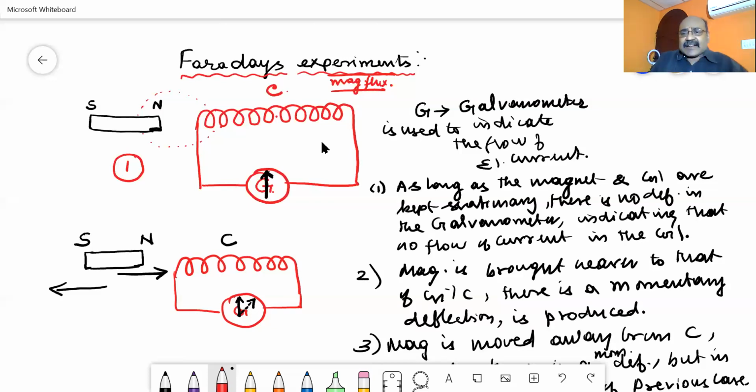In all these activities, the magnetic flux that is linked with the coil due to the bar magnet changes.